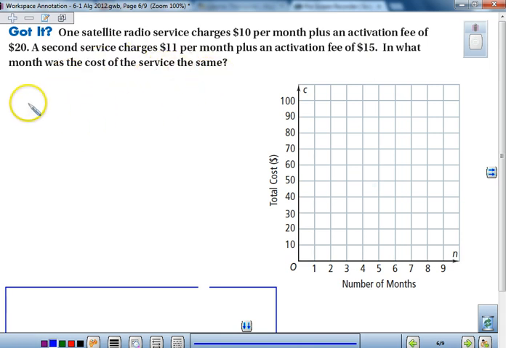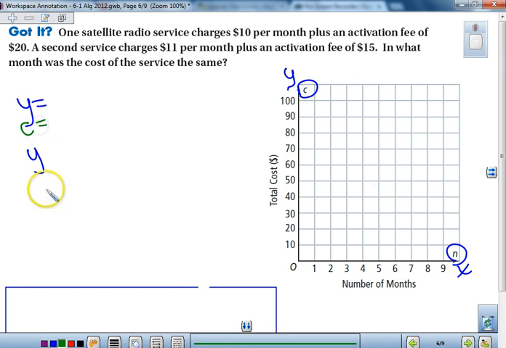So what you want to be thinking of, if we're looking at our variables, this is still, you can think of it as cost, or this is your y-axis. This is the number of months, n, or if it helps you to go x. So if you prefer to write it in slope-intercept form using the y, or you could write each one, and if you want to think of it, you could have used c.